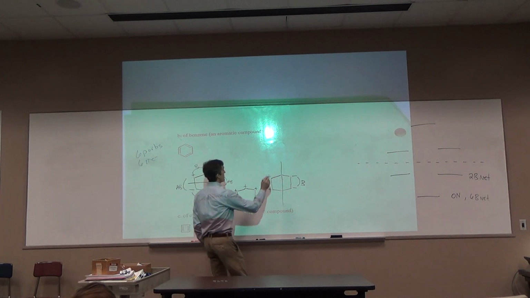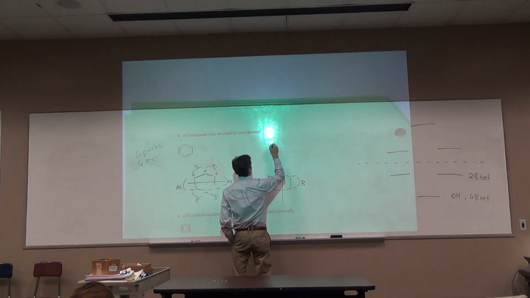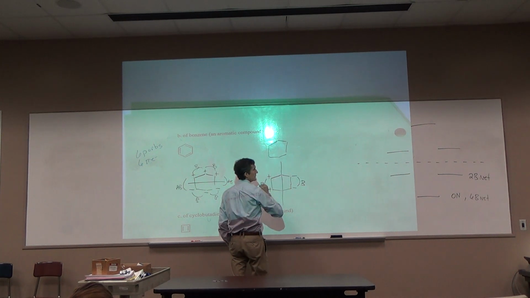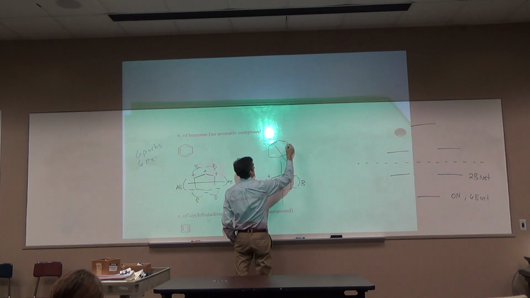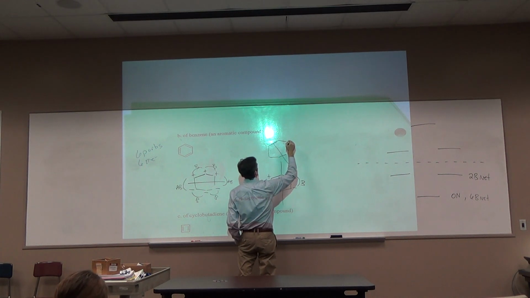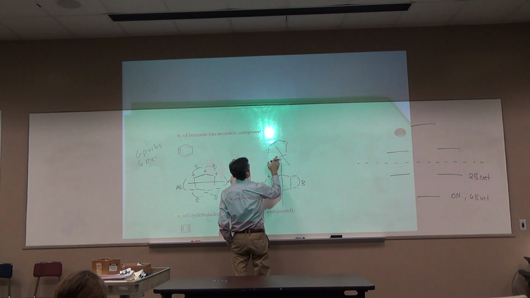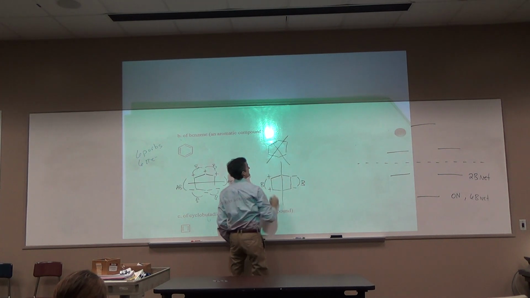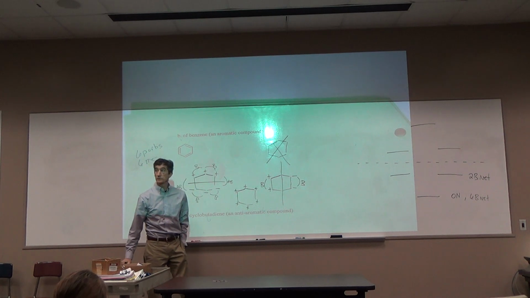Okay, let's draw 3 more total. How many nodes for this one? 2. 2 nodes can come like this. There'll be 2 nodes.